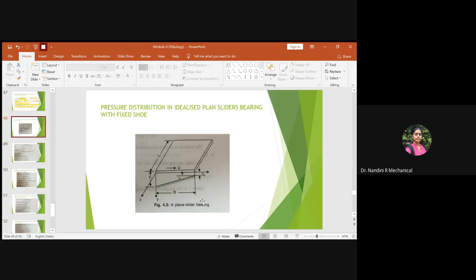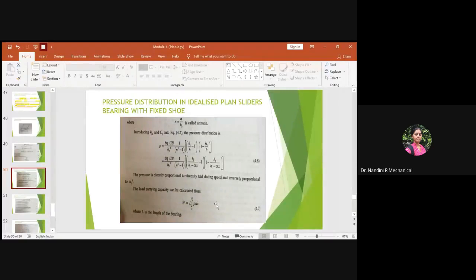So maximum is B, and if you consider this end as 0, it is from 0 to B. So the same part has been taken here, the integration from 0 to B, the amount of pressure distributed here due to the selection of the lubricant into dx. So this will be the equation we follow to determine the load carrying capacity.